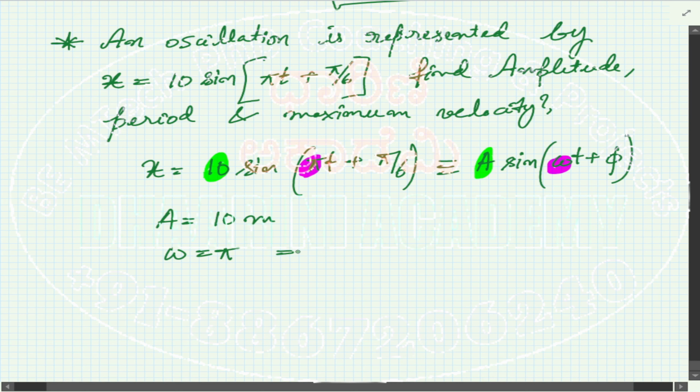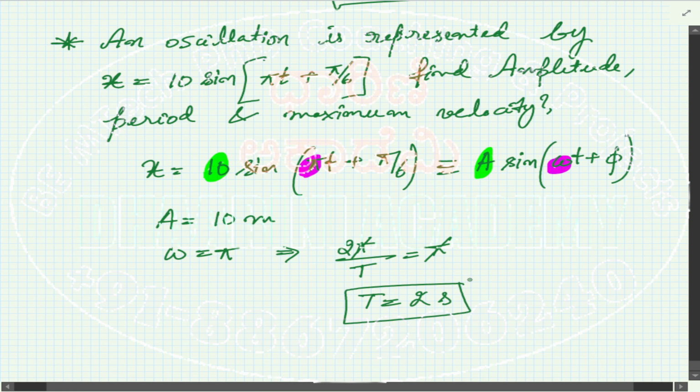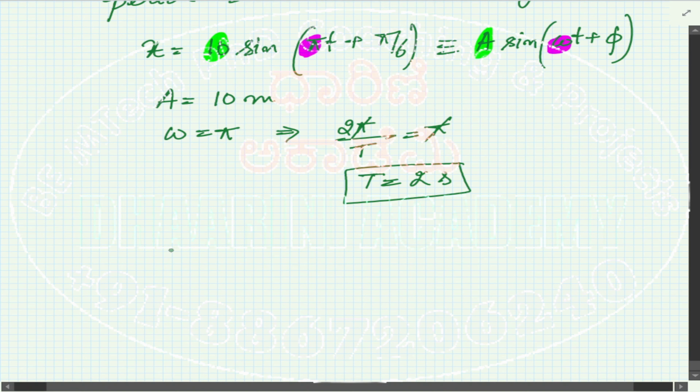So omega is what? Omega is 2 pi by capital T. This is given as pi. So pi cancels, T goes to the other side. So time period is equal to 2 seconds. Then what is the maximum velocity? Remember, V max is nothing but omega times amplitude.